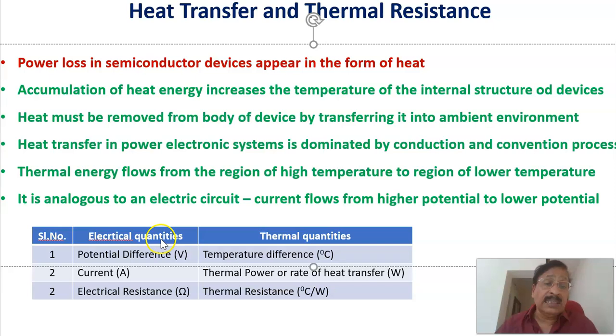Comparing electrical and thermal quantities: potential difference in the electrical quantity is analogous to temperature difference in the thermal quantity. Current through the circuit is equal to thermal power or rate of heat transfer, in watts. And electrical resistance, in ohms, is equivalent to thermal resistance, in degrees centigrade per watt.